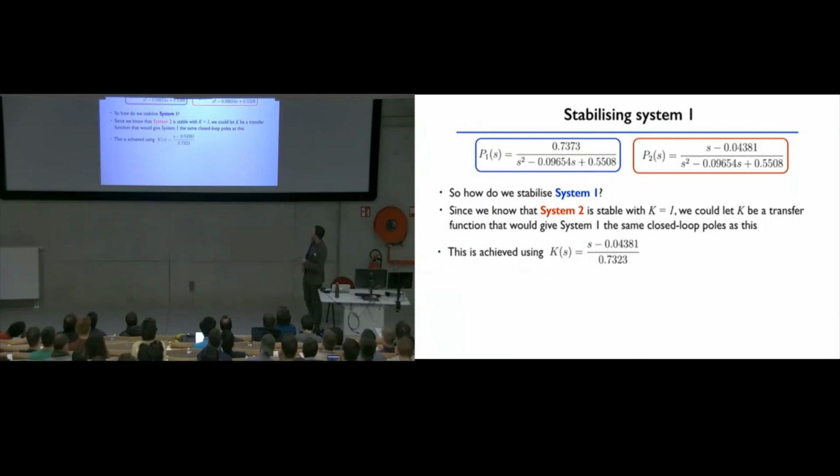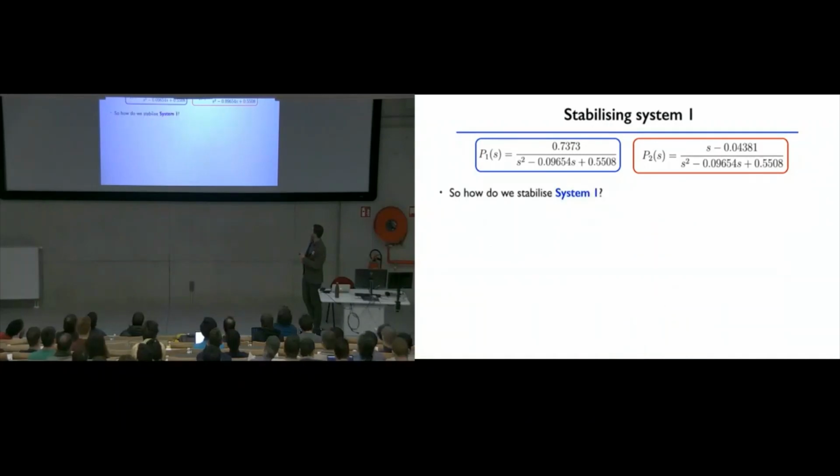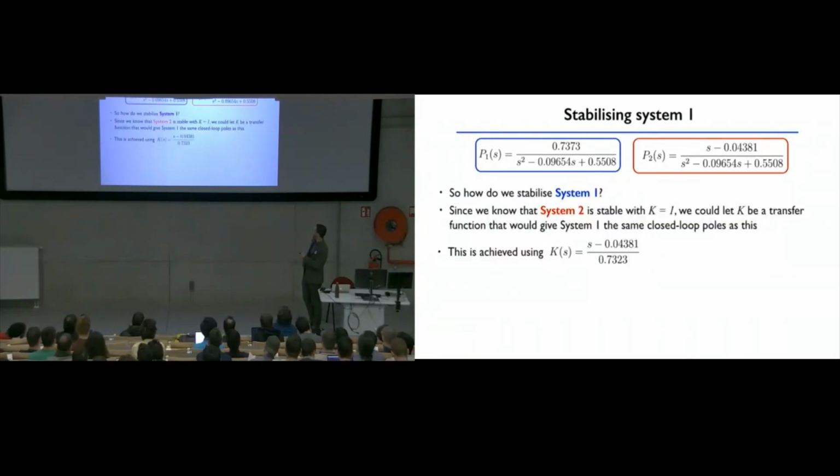So if we choose a controller that replaces this numerator with this numerator, then I'm going to get a system that should have the same poles. In other words, I get the same 1 plus pk equals 0 equation for System 1 if I choose a controller that looks like this.